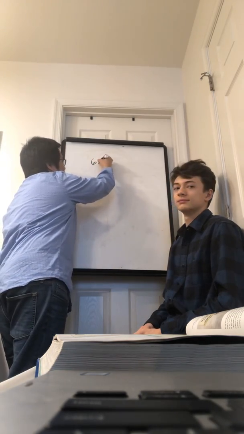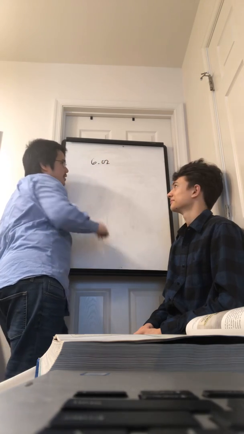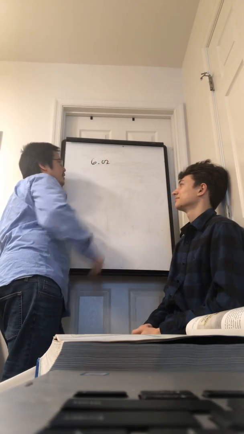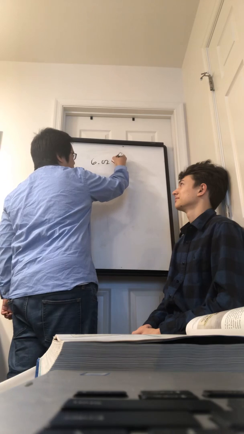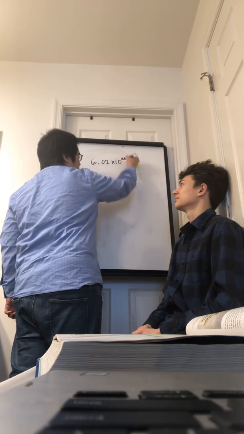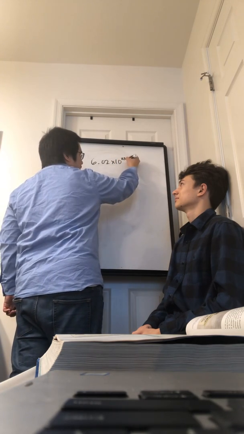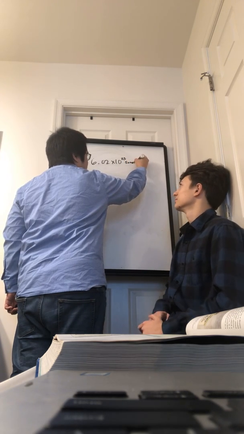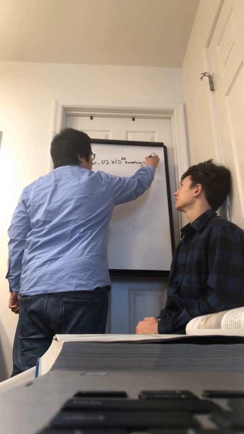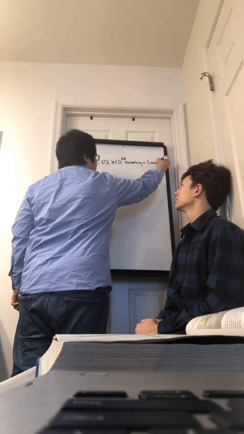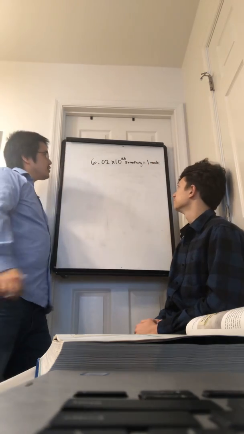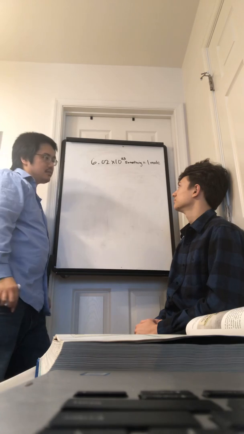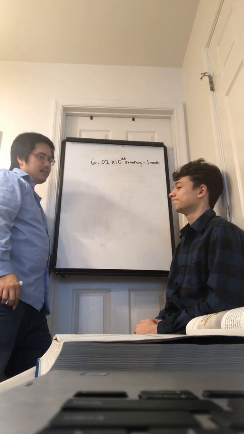But 6.02, in fact I think it's 6.022, times 10 to the 23rd power of something is equal to 1 mole of something. This is Avogadro's number, 6.022 times 10 to the 23rd power.